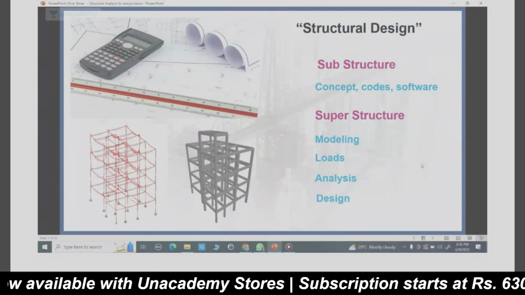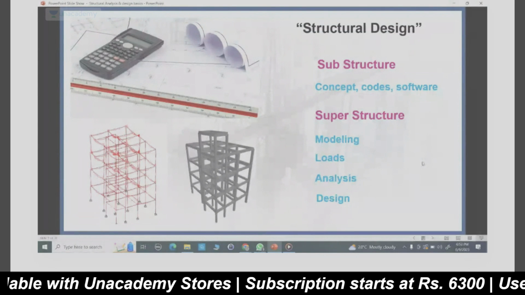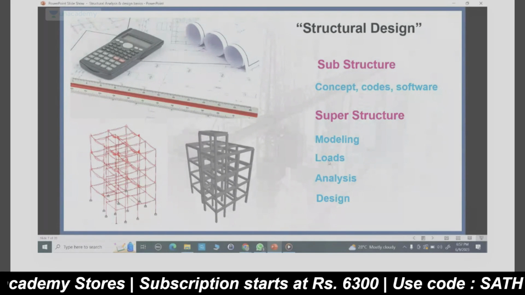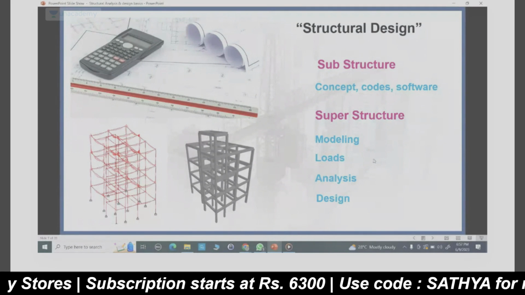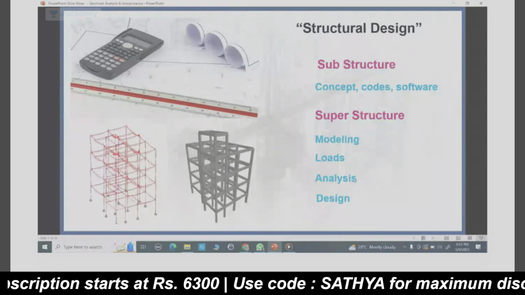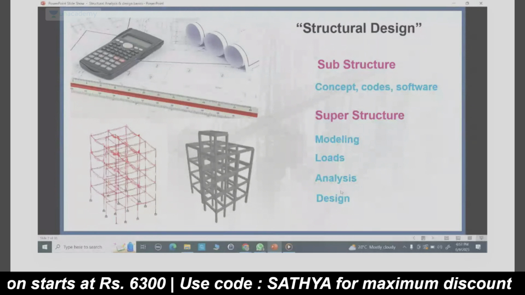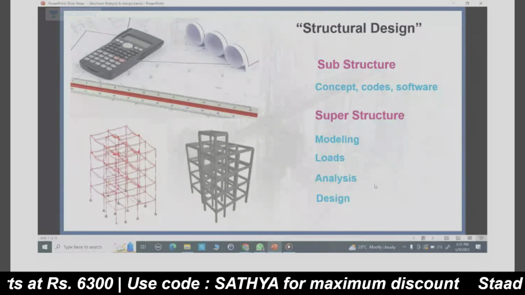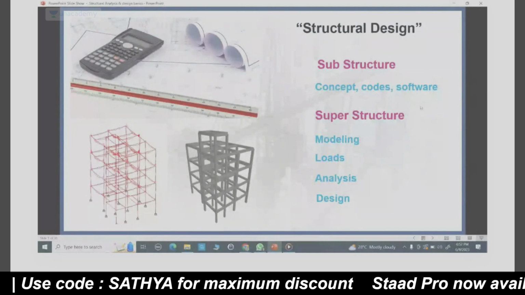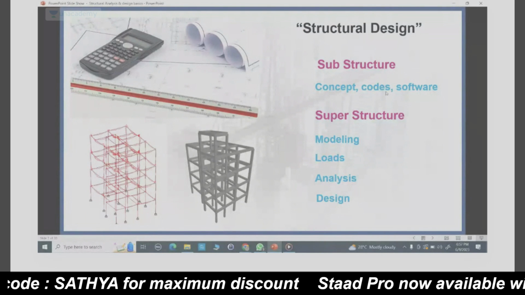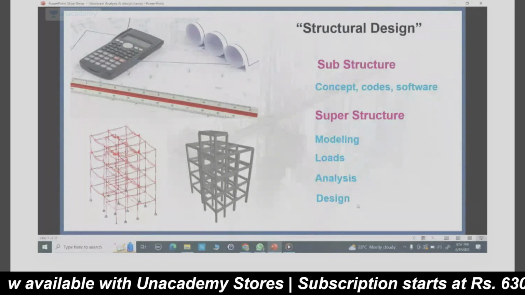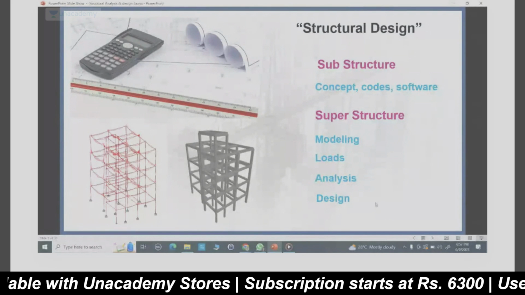Loads include dead load, live load, wind load, and earthquake load. We need to calculate each and every load coming on the structure and apply it. Finally, we do the analysis. After analysis, we need to check whether it satisfies the codes and standards, the permissible limits we discussed before, and then we go for the structural design finally.